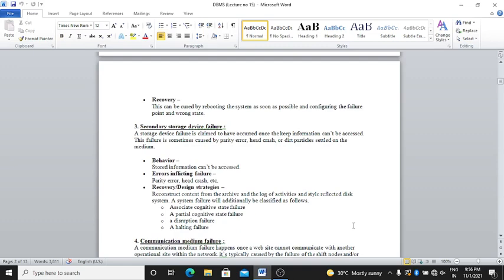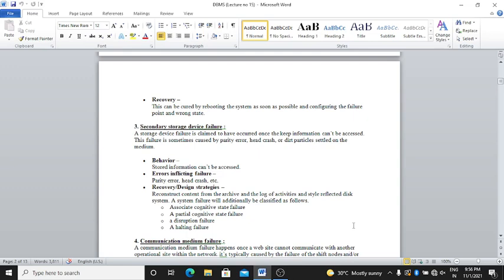Errors causing failures are parity errors, head crash, etc. Recovery design strategy: we reconstruct the content from the archive and the log of activities and restart the system.